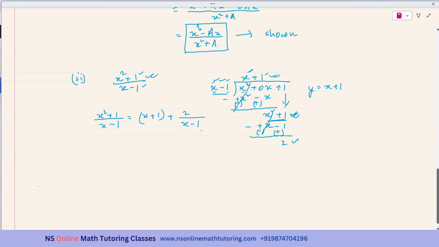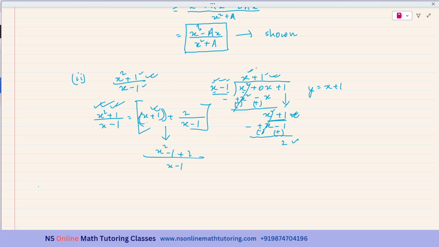If you combine these two, let's see what happens. Do we get back to this? Let us see. I'm taking x minus 1 as the common denominator. So x plus 1 times x minus 1 will be giving us x squared minus 1 and plus 2 will be giving us x squared plus 1. So this can be written in this form. Clear? And we get this part which doesn't have any denominator.